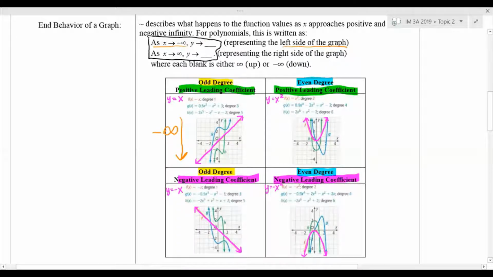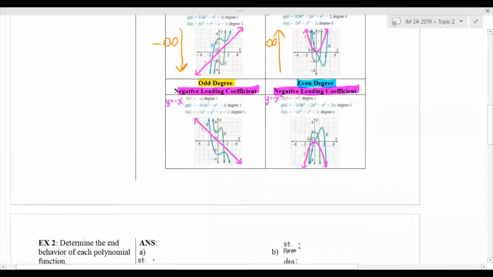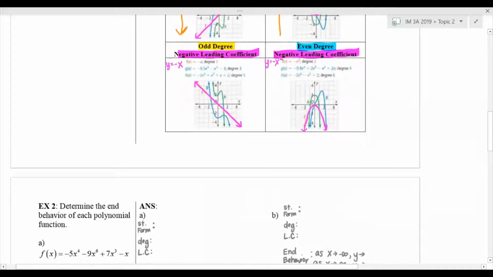When I have an even degree with a positive leading coefficient, notice that on all of these graphs, the left side is pointing up. And that's going to be true for any even degree with a positive leading coefficient, that the end behavior on the left is going to be approaching positive infinity because the graph is pointing up. If we have something with an odd degree and a negative leading coefficient, notice the left side of all these graphs are pointing up.